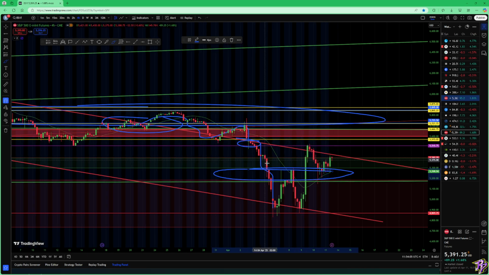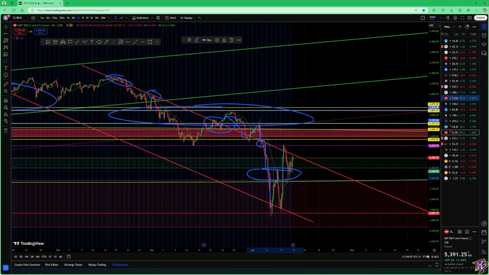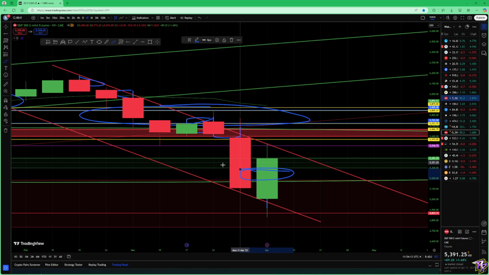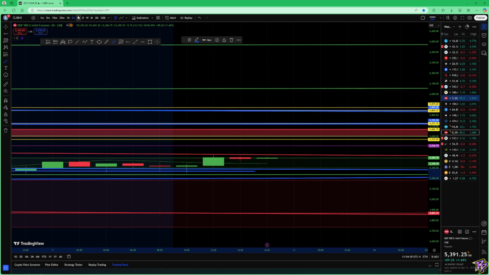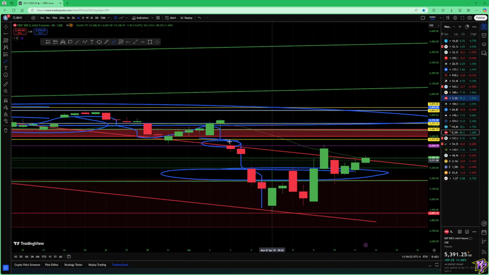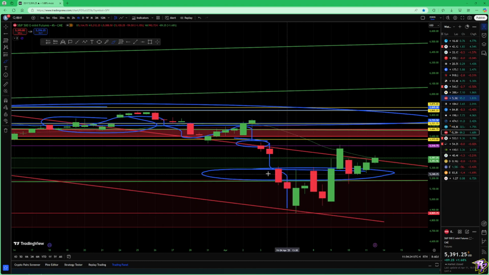That's just because you're not aware that you're currently being impatient, and you can't really see that on the larger time frames. But when you break it down as a day trader on these smaller time frames, you can clearly see that price does not know where to go in the middle of the channel.